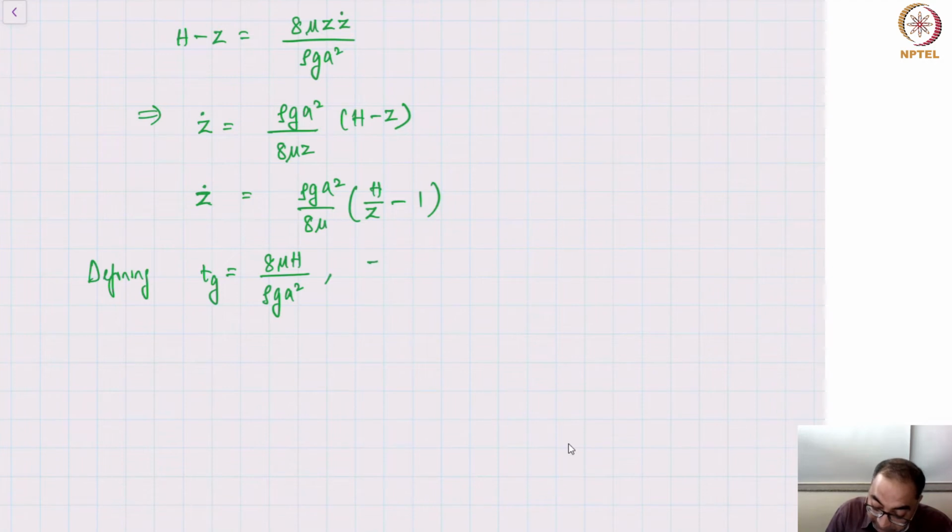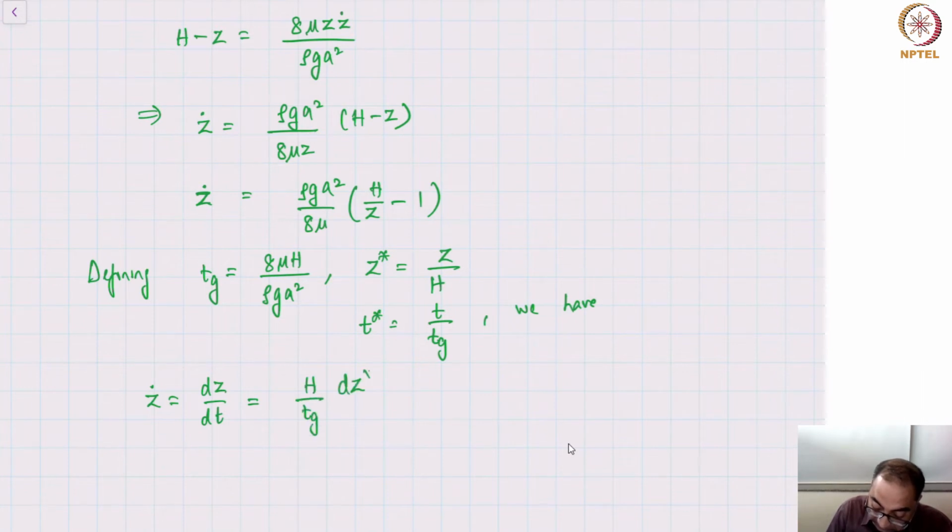We will also define a non-dimensional variable z star, which is z by h, and a non-dimensional time t star, which is t by t g. What do we have here? We have z dot, which is nothing but dz by dt. This becomes h by t g dz star by dt star. Okay.